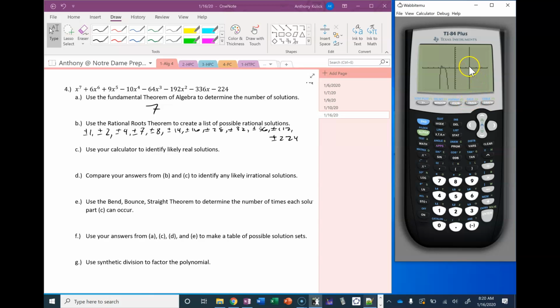So I have a good look at what's going on here, but over here I still don't feel great about what I see. Do you guys agree with that? It's hard to see what's going on there. So I'm going to zoom in some more. Yeah, negative 3 to positive 3, that seems reasonable. And maybe we get a better picture of what's happening there. Okay, that did help a lot. I'm glad I zoomed in.